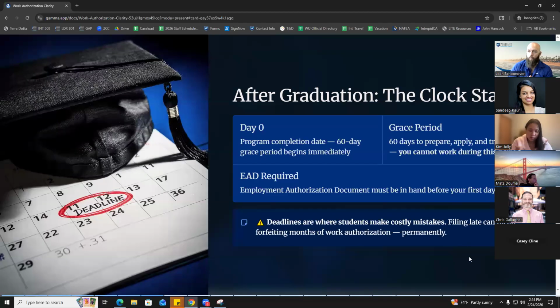So it's very important to be aware that the day after the program end date on your I-20, you're now in your grace period. You get 60 days. If you applied for OPT and the processing time is extending beyond the end of the 60-day grace period, you do still have legal presence.